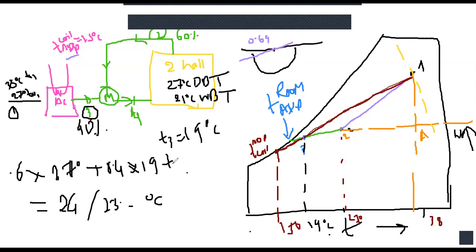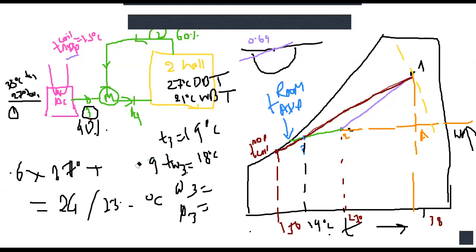T3, TW3, that means wet bulb at that point 3 is almost 18 degree or 17 degree. Okay, if we draw a parallel line here which cuts that line, we get W3. Similarly we get phi 3, all the points. Okay, number 1 calculation is over.